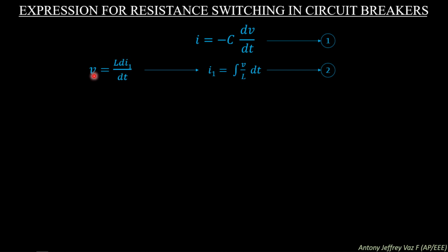The voltage will be V equal to L di1 by dt, which gives I1 equal to the integration of V by L dt. Similarly, on the resistance side, the voltage will be equal to I2 into R, and the current in the resistance will be I2 equal to V by R.